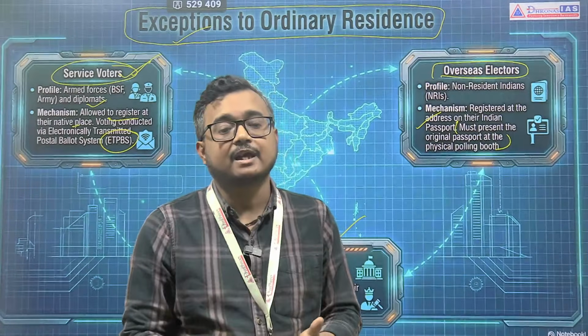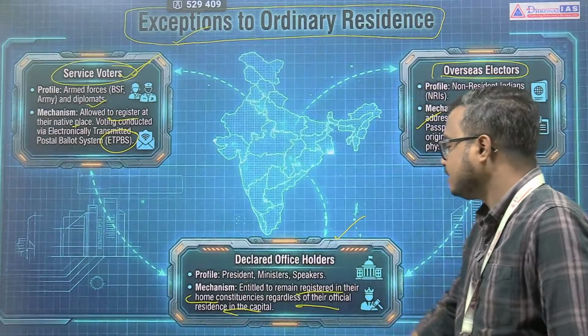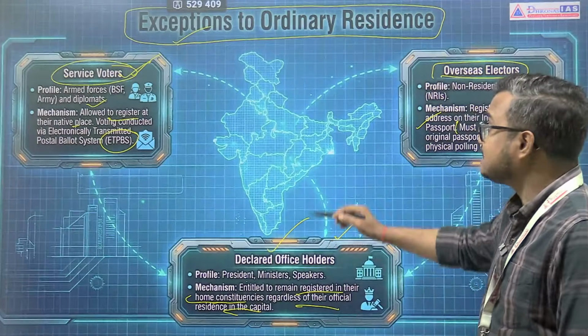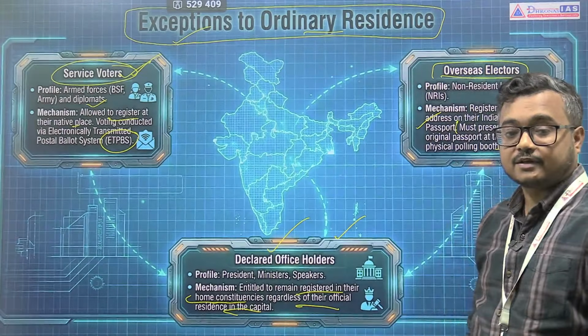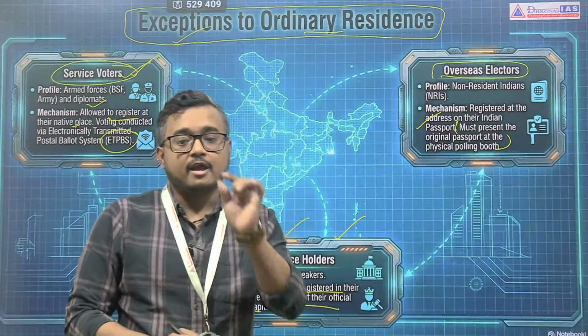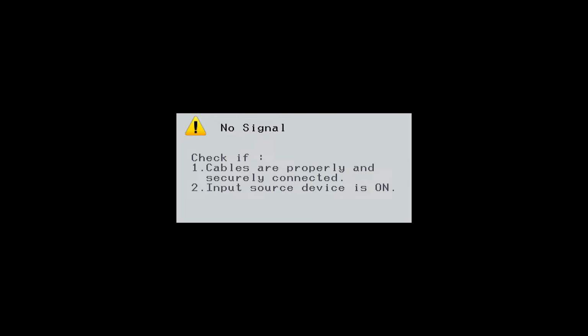So he may not be an ordinary resident of Assam, but he can remain registered in his home constituency because they are declared office holders. And these are exceptions to the ordinary resident rule. So if, let's say, UPSC tries to trap you with the claim that every resident can remain a voter even though they have shifted, it's not true. Only these people can remain a voter. Right? Okay. Moving on. Next.